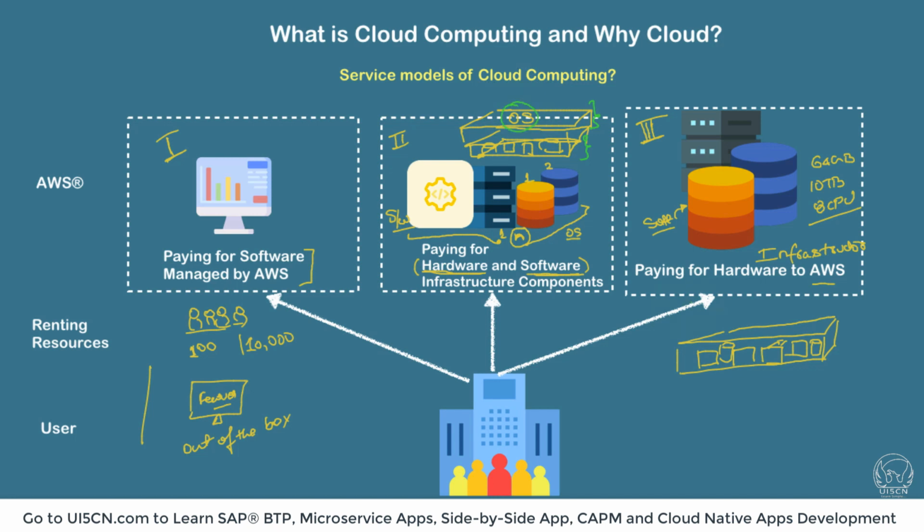And in the case here, you are saying, I don't want to understand how you do the setup of all my hardware requirements, but you provide me this. And in the first case, when you are just taking the software, you are saying, I don't care how you run it internally, but I just need these features.